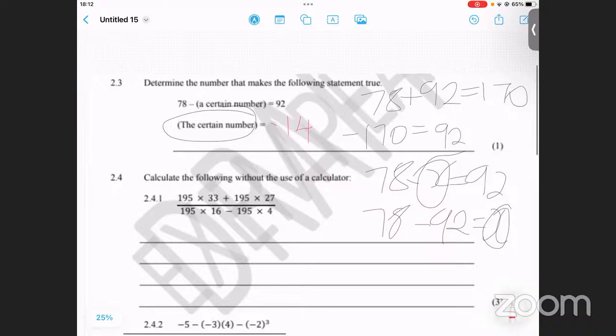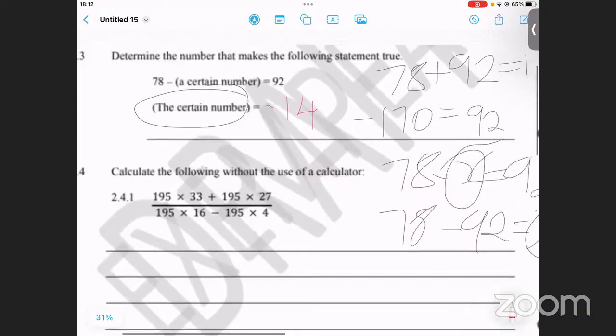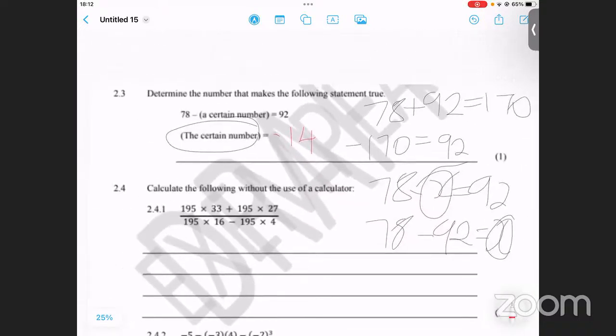If you don't get a 92, then you are the problem. 78 minus negative 14, close the bracket. If it gives you a 92, then your calculator is correct. If it doesn't give you a 92, then you should destroy your calculator, because it is going to make mistakes in the exam. Okay, how much are you getting? Is it a 92?